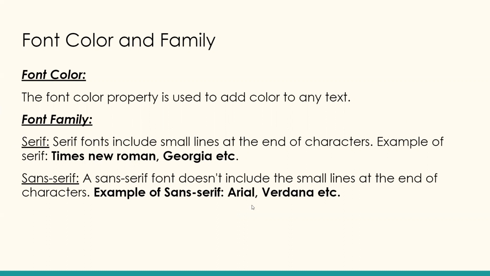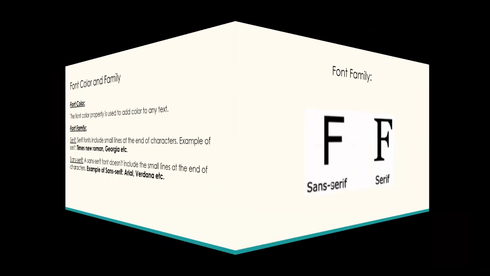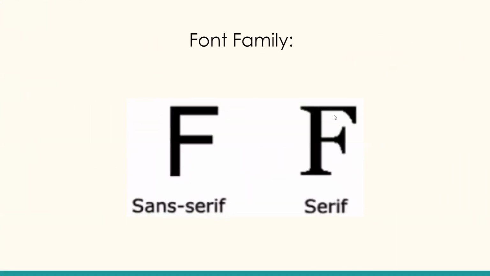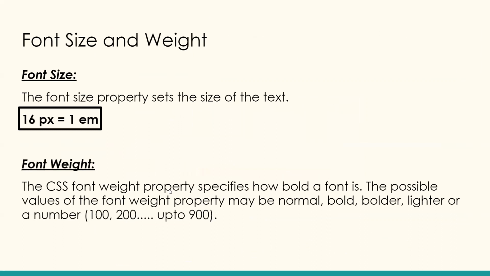For example, Arial, Verdana, etc. So again, serif has these little lines, I guess you could say, while sans serif is kind of just blocky. This is our default text, so you don't need to use the font family and this will come up. But if you want to change it to sans serif, you just put in sans serif. So that is font family.